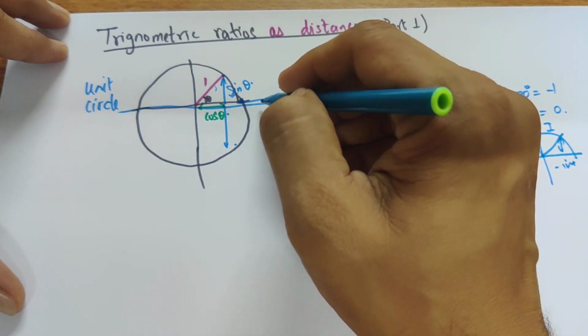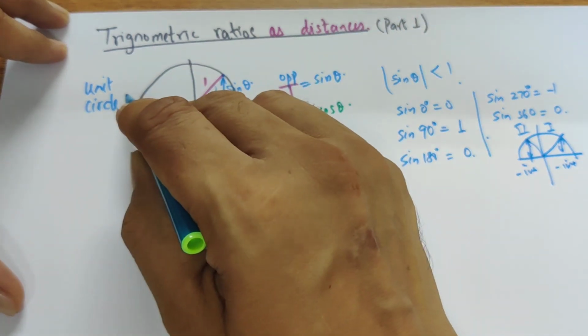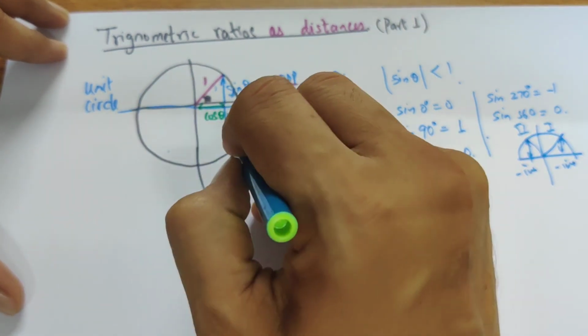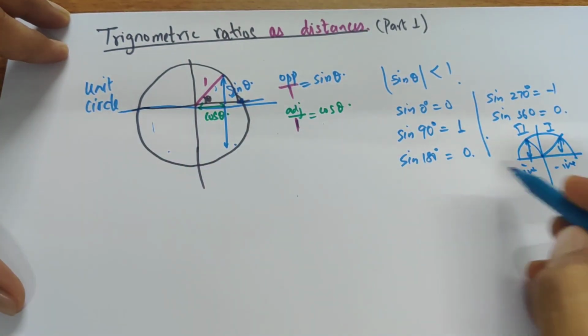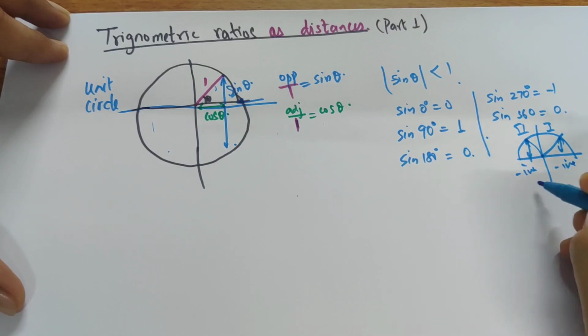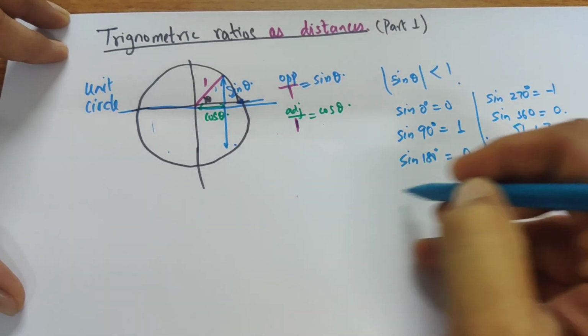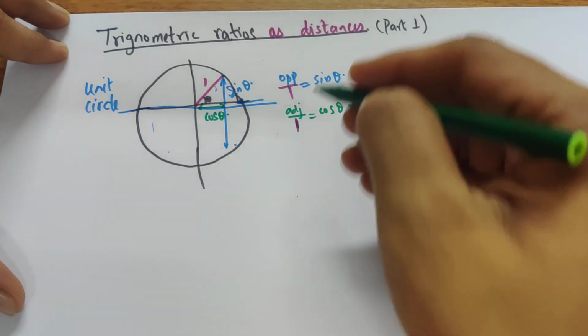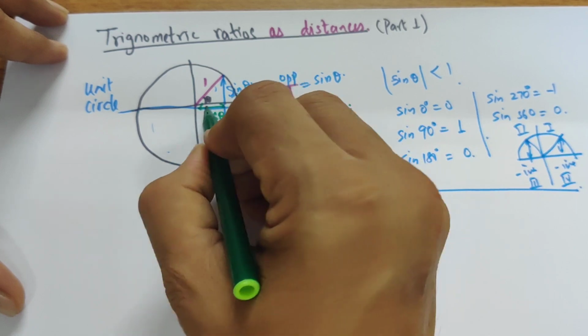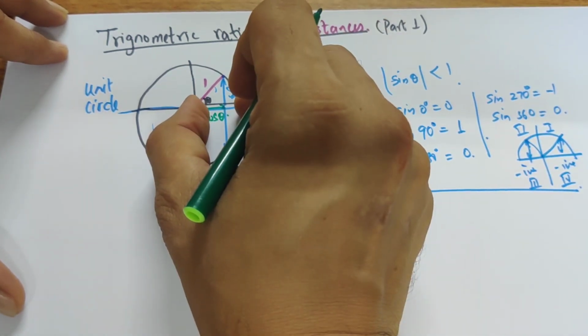So that's positive, and then it becomes negative here and here because the height is lower. So that basically tells you about sine theta.